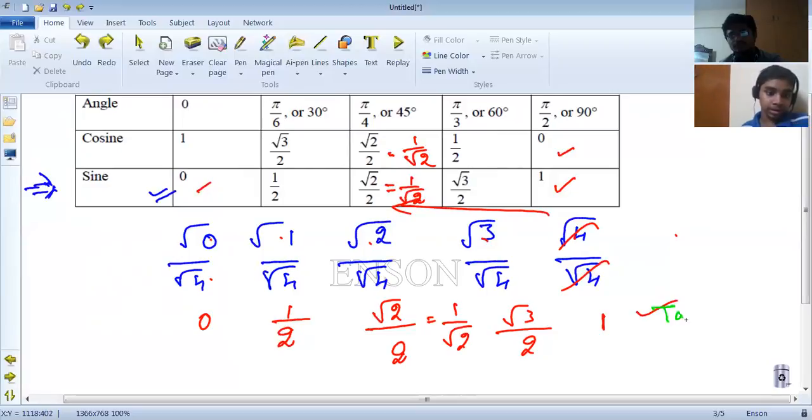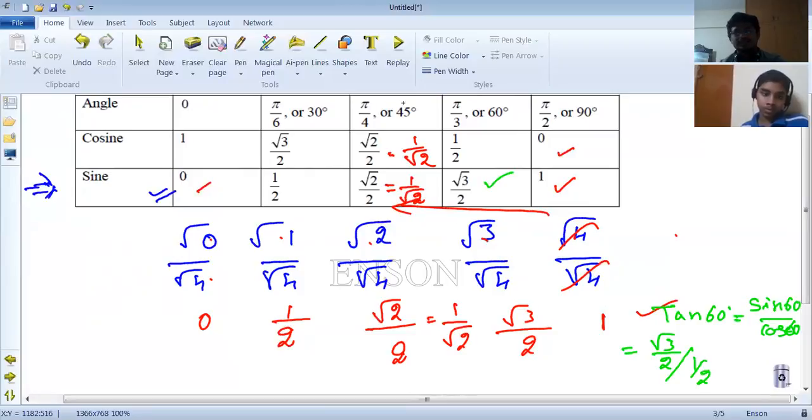Okay, you can. Tan 60 is nothing but sine 60 by cos 60. Sine 60 from the trigonometry table is root 3 by 2, divided by cos 60, which is 1 by 2. Then just cancel the denominators, you will get root 3.